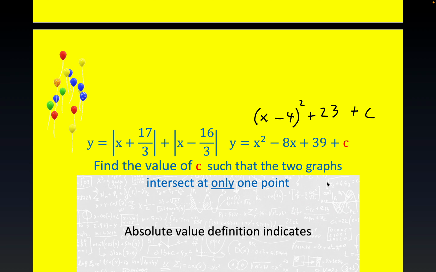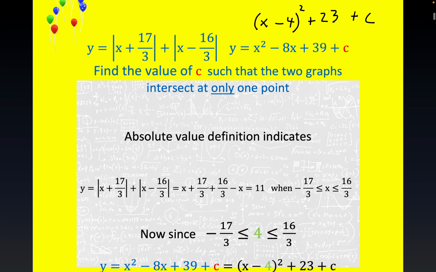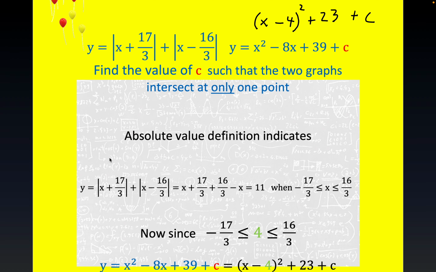Now, the idea here is just to use the definition of the absolute value. And one thing to observe is that x plus 17 over 3 is greater than or equal to 0 on the specified interval. And that's very clear by inspection, right? You can just look at this, minus 17 over 3 to 16 over 3.